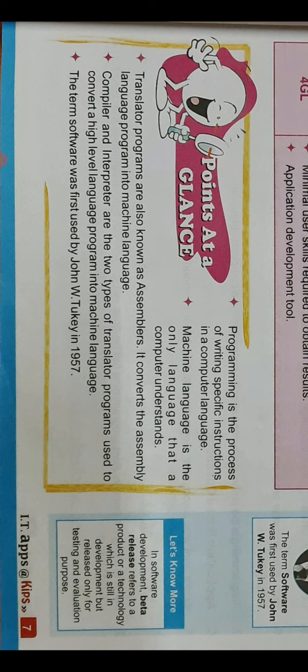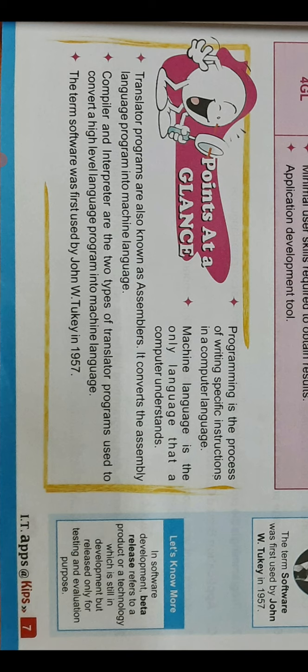Next one, translator programs are also known as assemblers. It converts the assembly language program into machine language. Next one, compiler and interpreter are the two types of translator programs used to convert a high level language program into machine language.